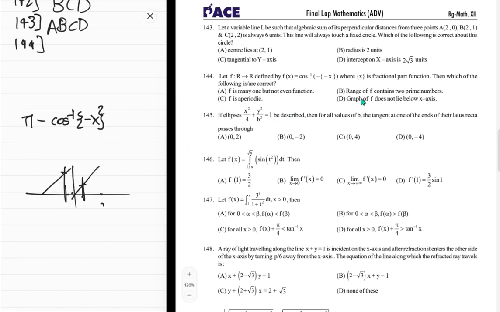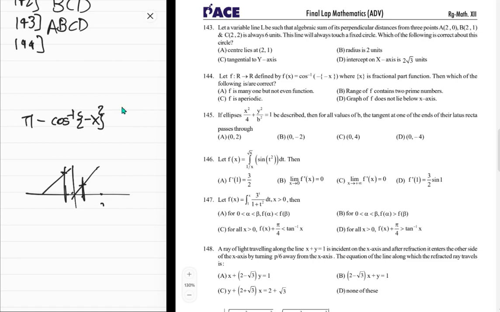So A works. Range of f contains 2 prime numbers. Range of f: it lies between pi by 2 and pi, right? When this fractional part becomes 0, which it can, cosine inverse of 0 is just pi by 2.